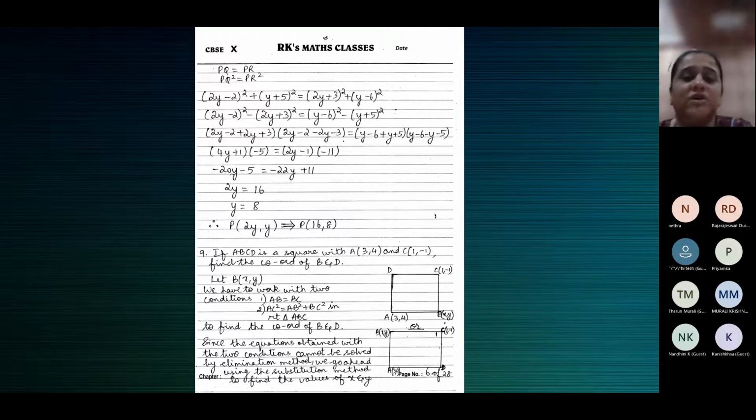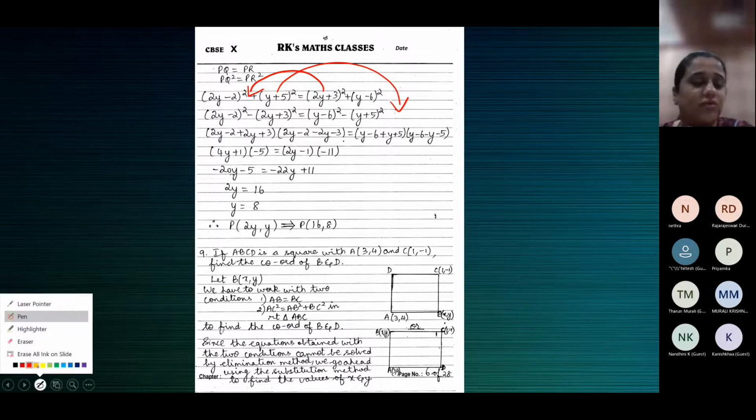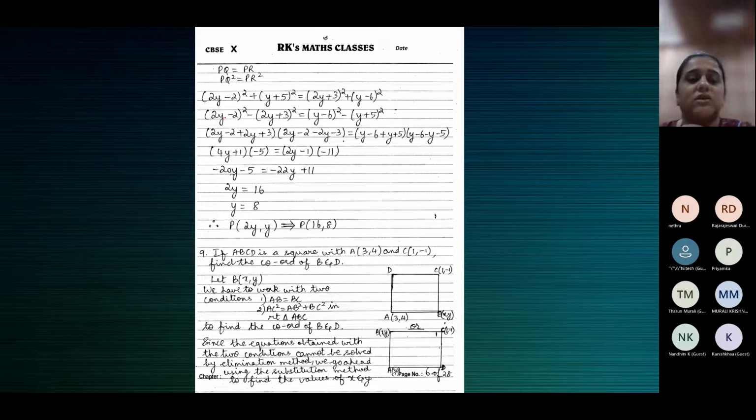I have not expanded here. I've transposed. I've taken this to the left hand side and this to the right hand side, so they look like a difference of two squares now. You can also expand using the formula (a plus b) whole squared, (a minus b) whole squared. That also will give you the same result. I have transposed this y here and this 2y here.